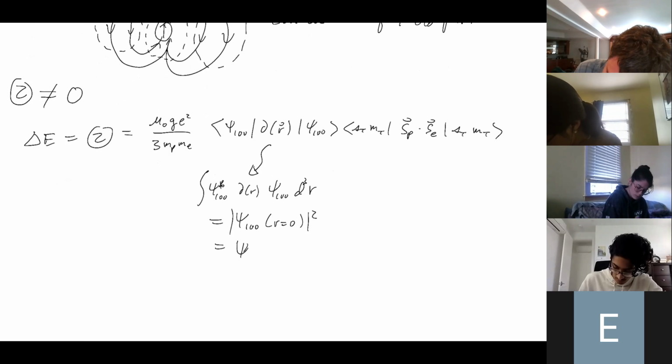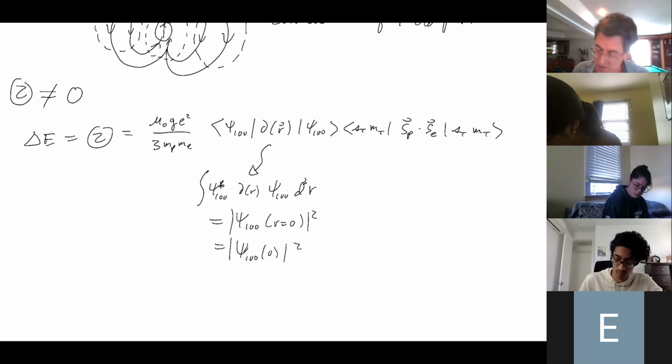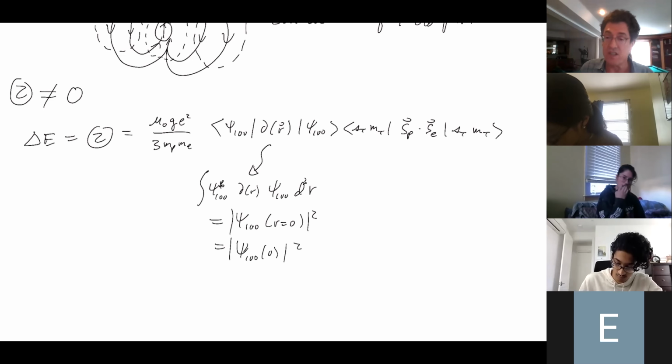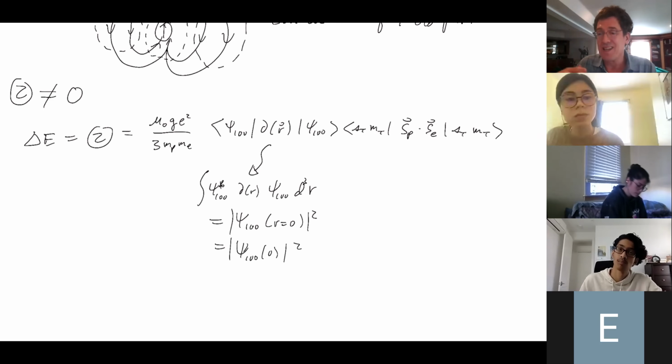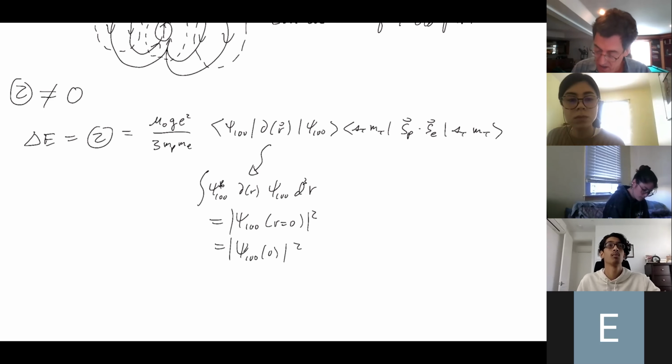I would call it psi 1, 0, 0 of 0 amplitude squared, because that's what the delta function does. It just picks the center point. So that's just the wave function evaluated at the origin, and it turns out it's not divergent. It has a nice, well-defined number there. In fact, I can even write it down.